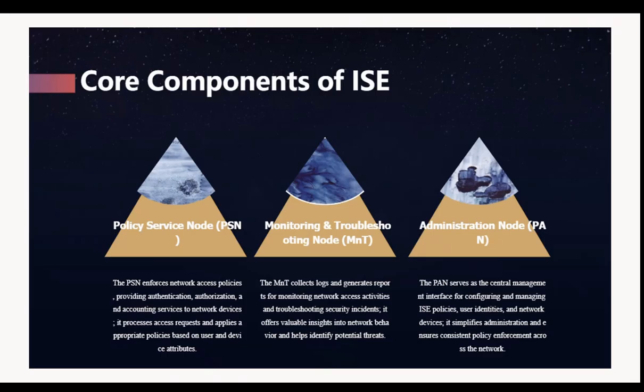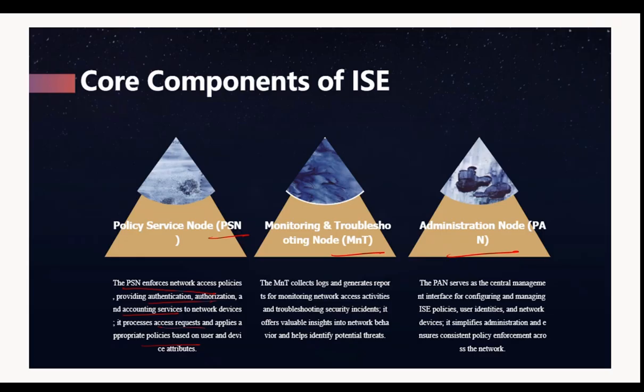So the core components of ISE are these personas, PSN, MNT, and PAN, that we have just discussed. PSN enforces the network access policies, provides authentication, authorization, and accounting services to the network devices, and processes the access requests and applies appropriate policies based on user and device attributes.